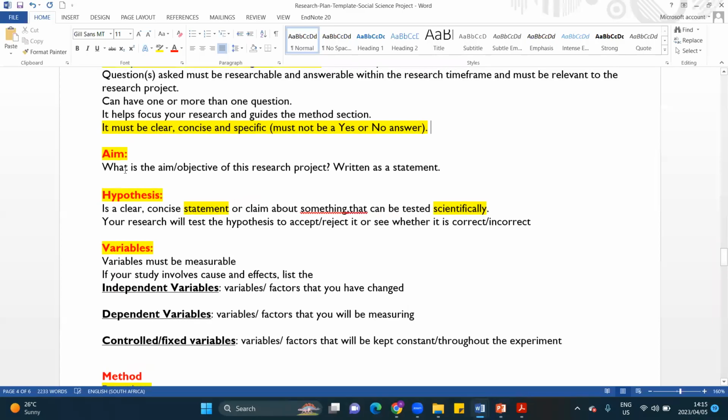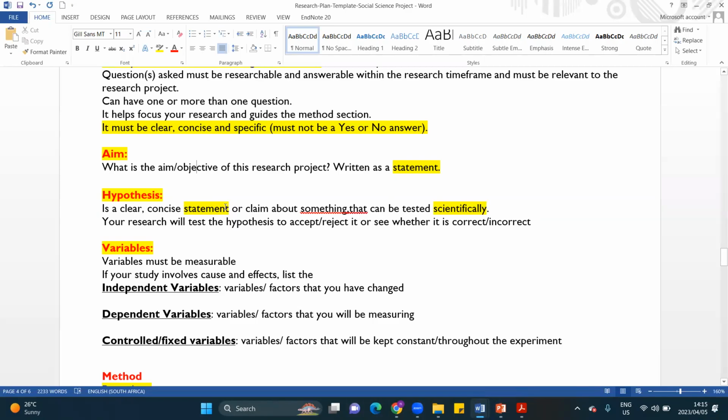Then you have the aim, which is a statement. It's kind of like your research question written as a statement. What is the main objective? And then the hypothesis, which is again a statement.